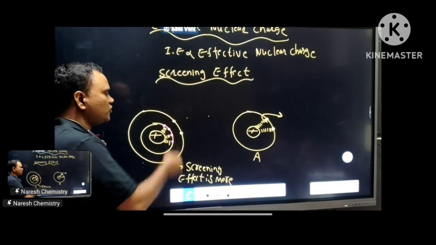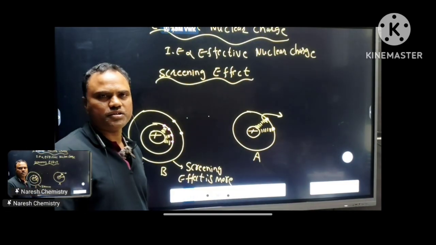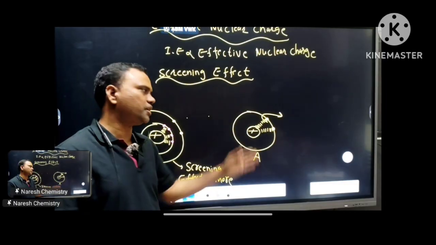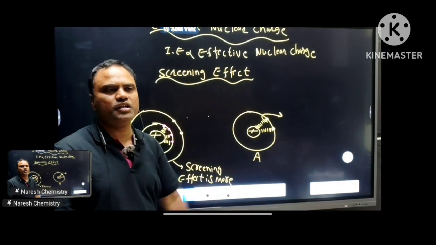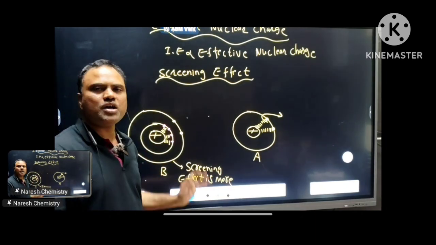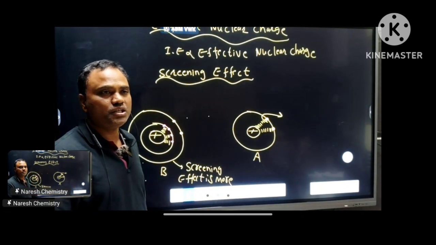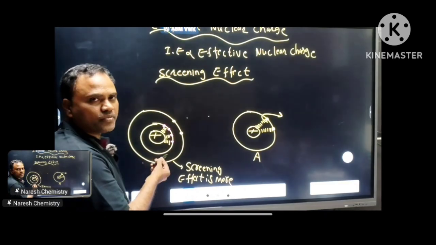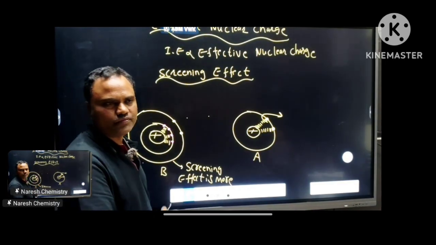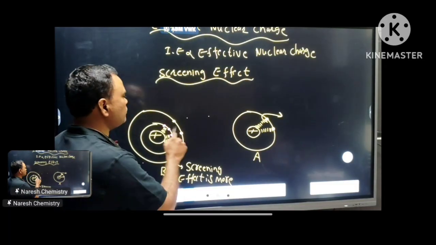Right here, there is no screen, there are no inner orbit electrons, so there is no screening effect. Now, from which atom can we remove electrons easily? From B, because in atom B this electron is free from the nucleus. Attraction forces are not acting, so you can remove it easily.